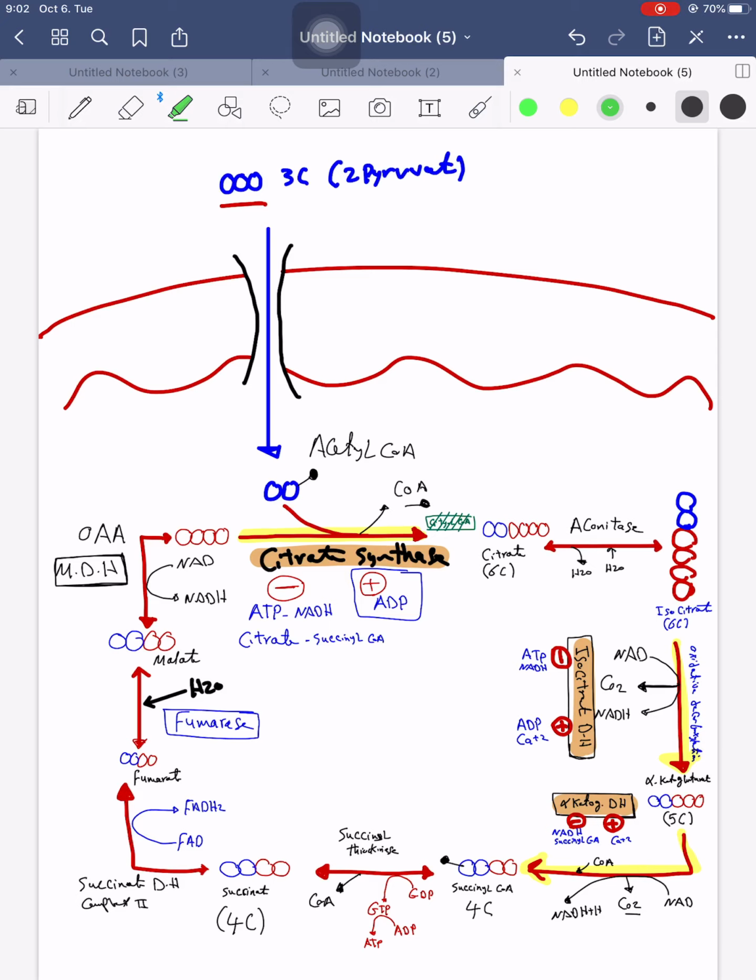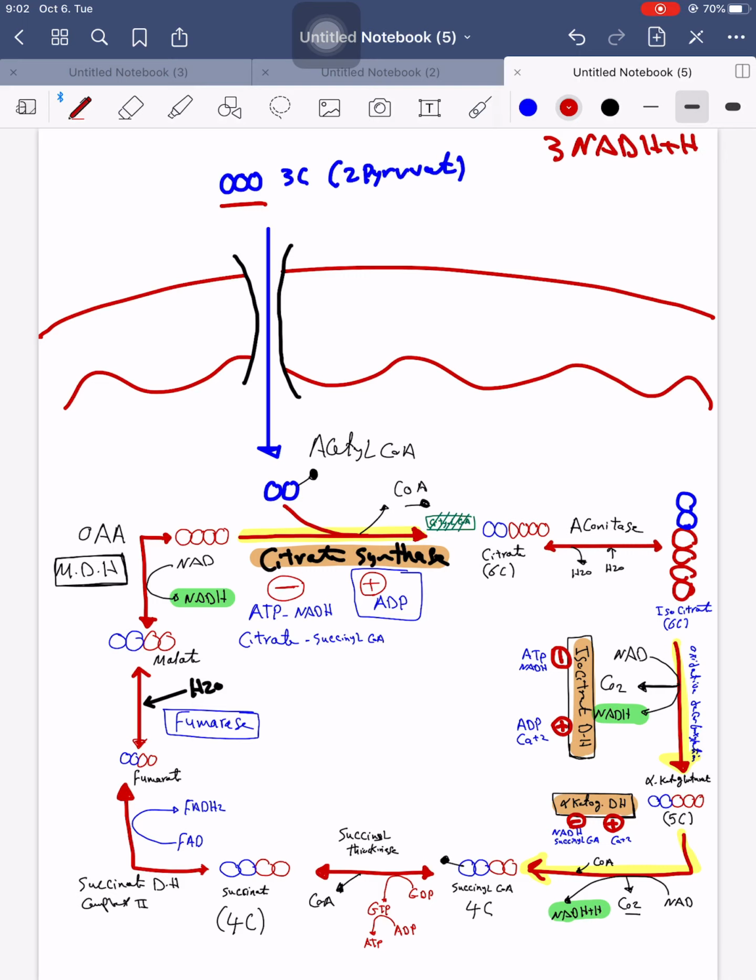First, we are producing NADH from isocitrate to alpha ketoglutarate, and one NADH also from alpha ketoglutarate to succinyl coenzyme A, and NADH from malate to oxaloacetate. So we have 3 NADH.